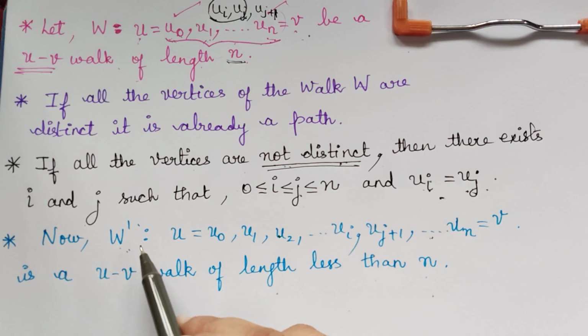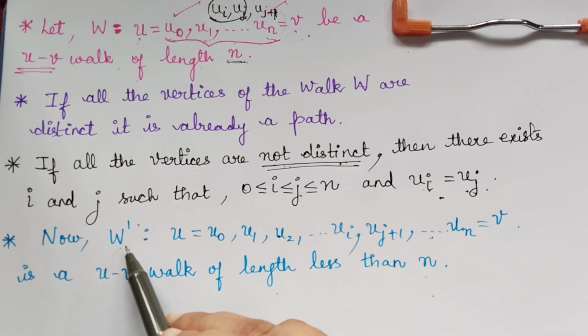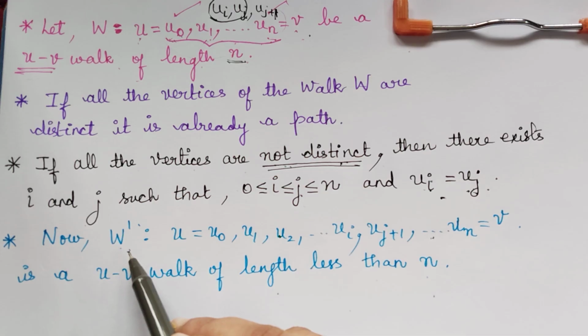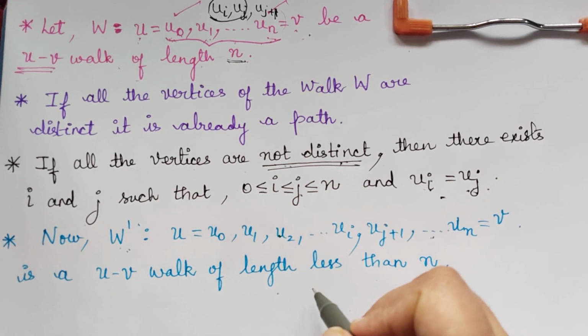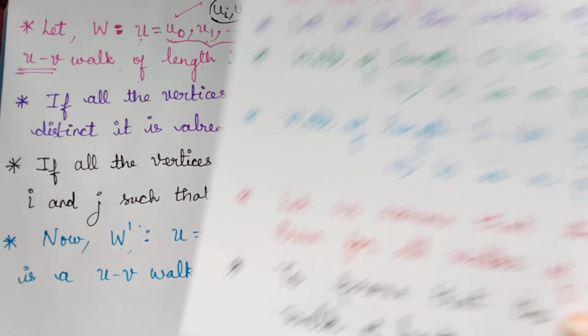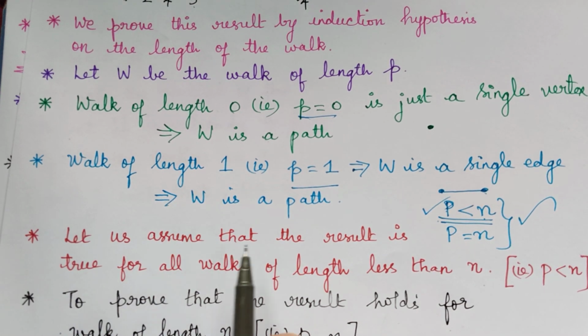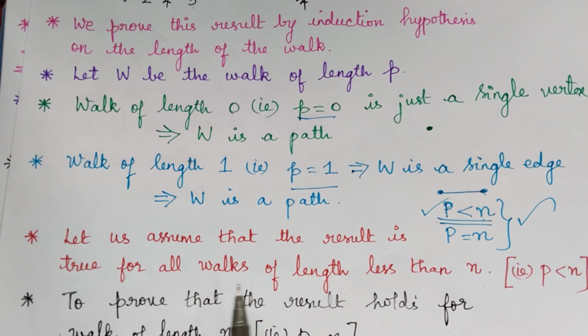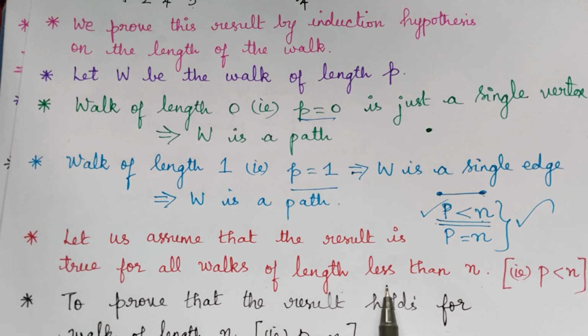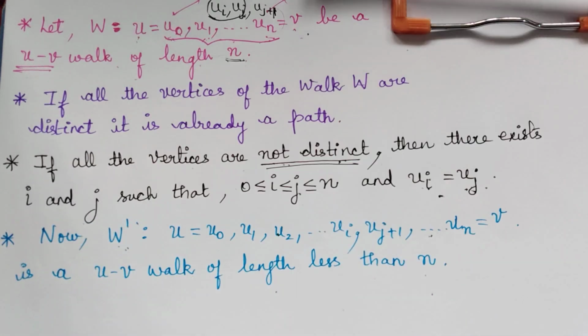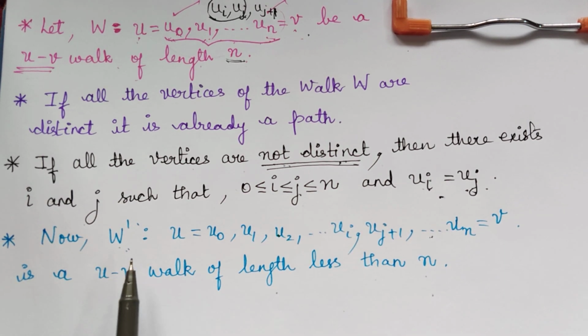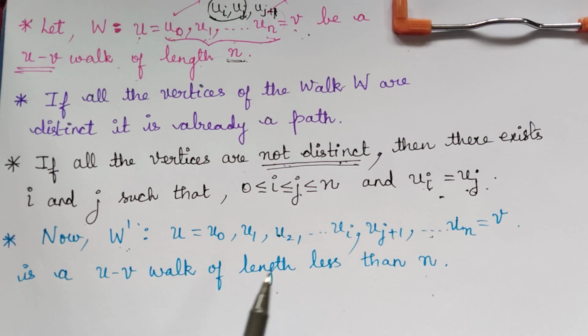By our assumption through the induction hypothesis, the result is already true for all values less than n. So let us assume that the result is true for all walks of length less than n. Therefore this walk will contain a path, that is a uv path.